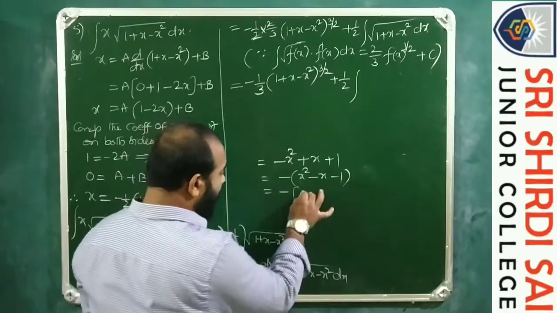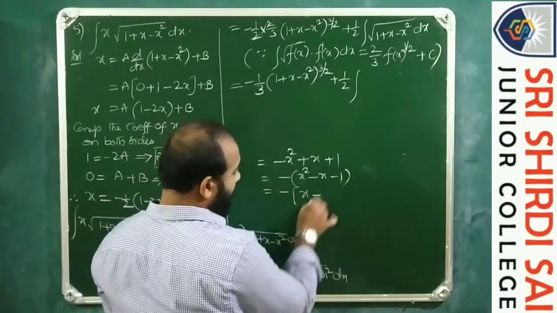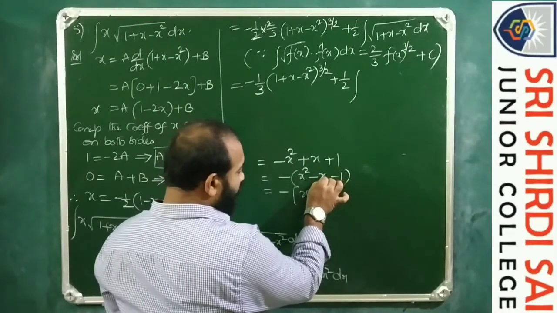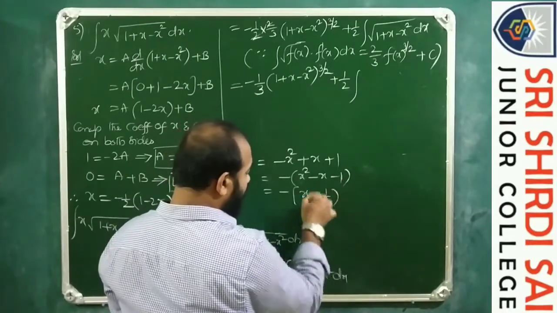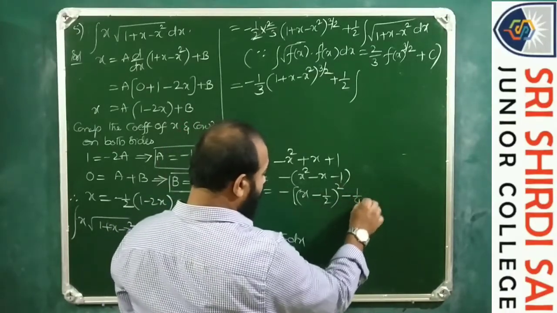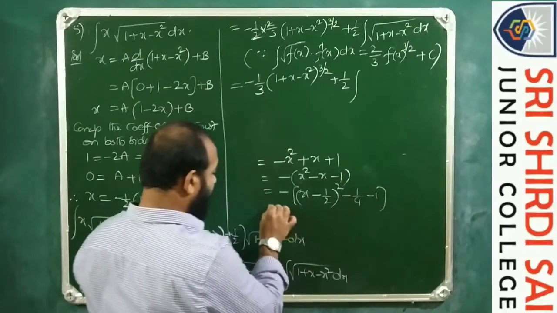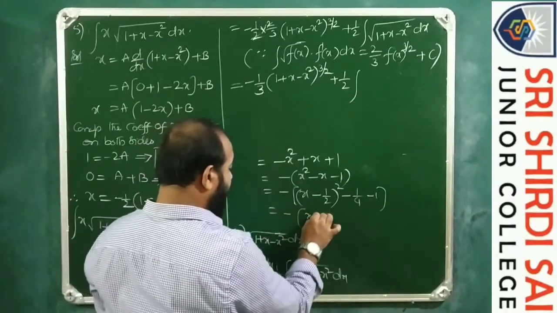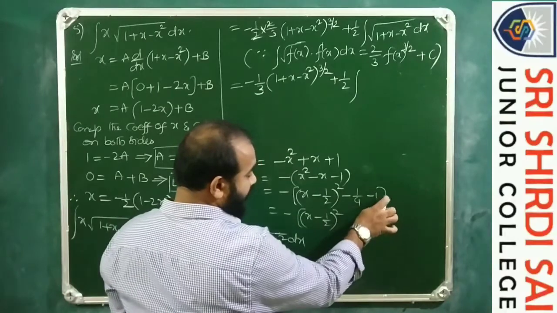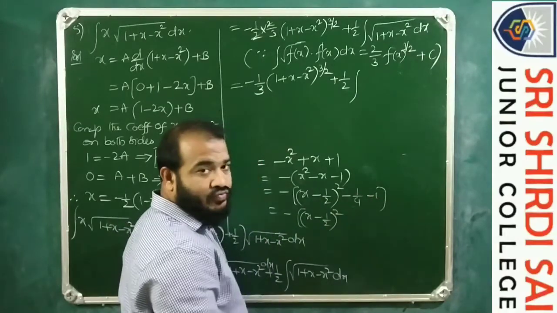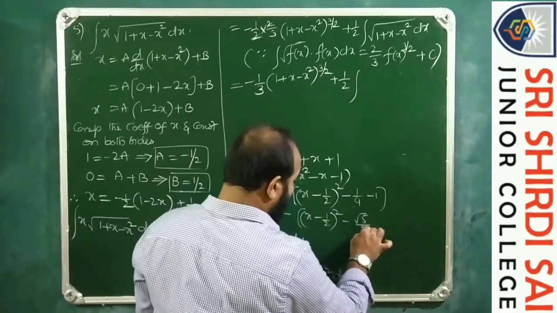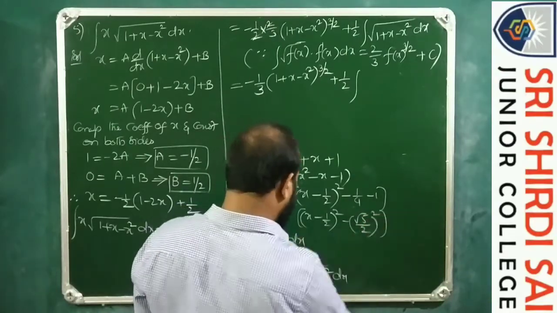So x square minus x, the coefficient is 1, its half is minus 1 by 2, whole square is 1 by 4, minus 1. So this is minus of x minus 1 by 2 whole square, 1 by 4 minus 1 is minus 5 by 4. Minus 5 by 4 can be written as minus root 5 by 2 whole square.